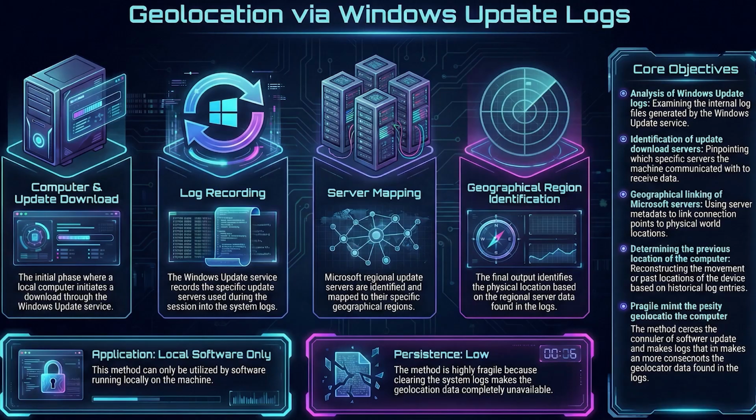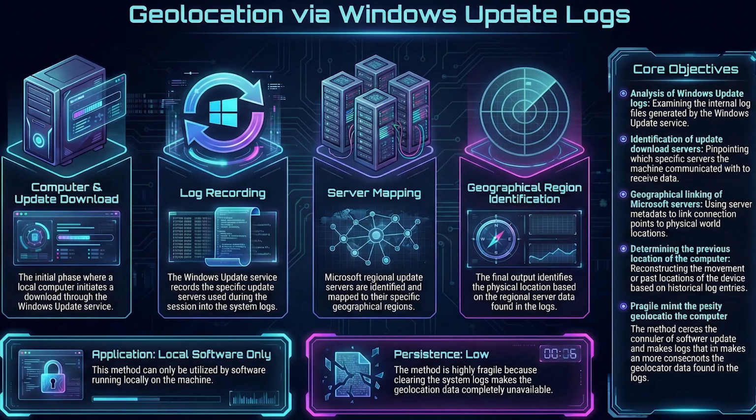Since Microsoft not only has regional servers, but also works very well with a system called Akamai, a system that we will also analyze today a little later, thanks to their cooperation, the Windows operating system keeps logs of where which update was downloaded from.